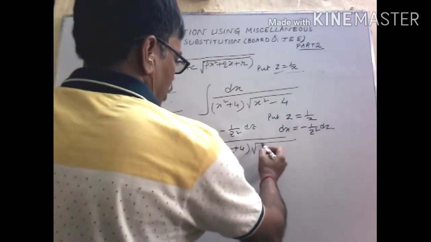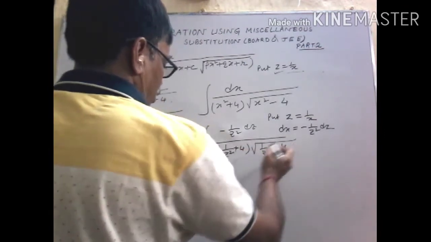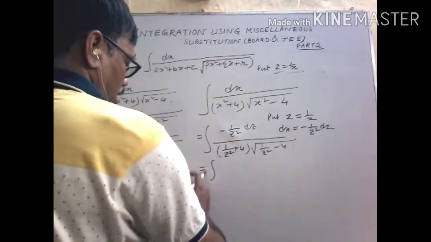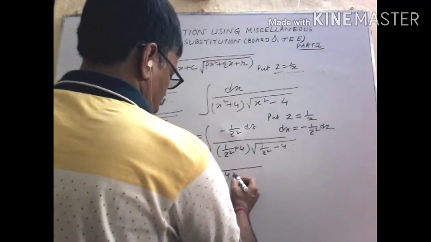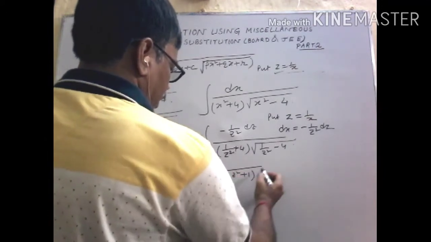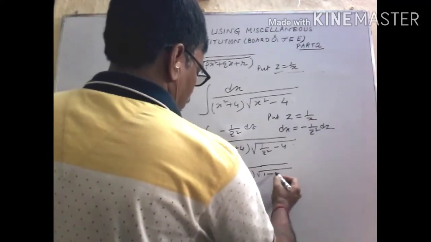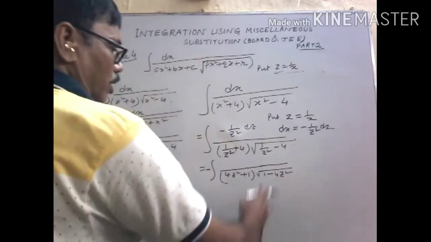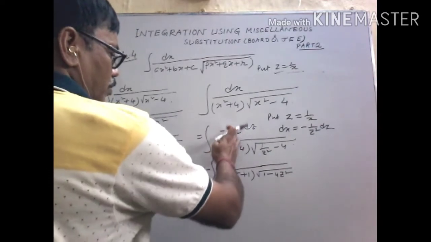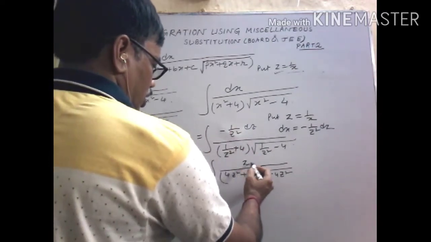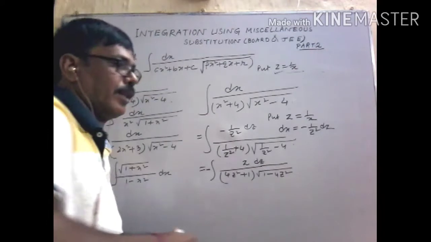And this one is root over 1 by z square minus 4. So finally what you are getting, minus outside. So this is 4z square plus 1, and this is root over 1 minus 4z square, and the denominator is z cube, and this is minus 1 by z square. So this is z dz.